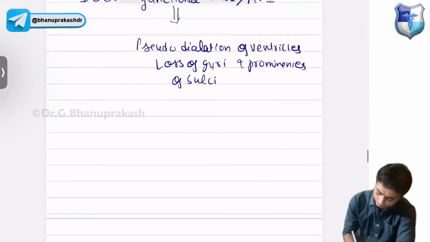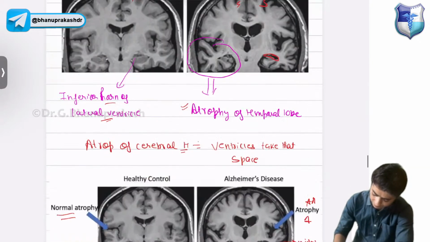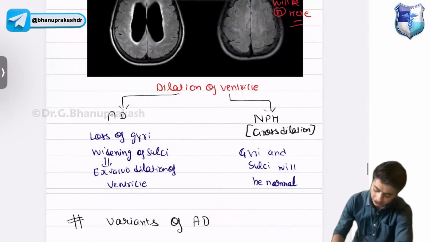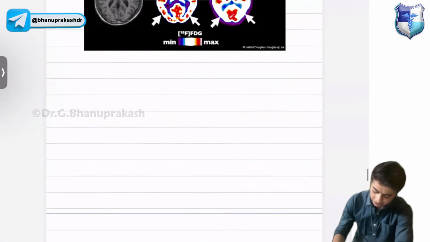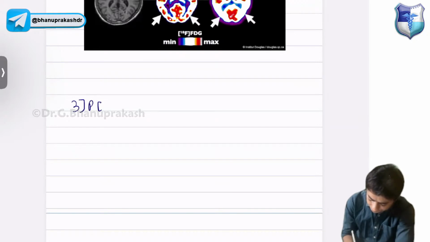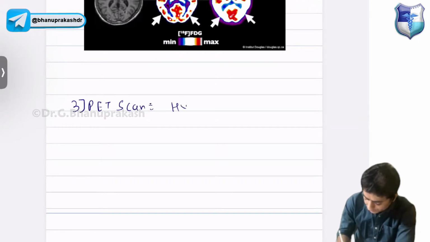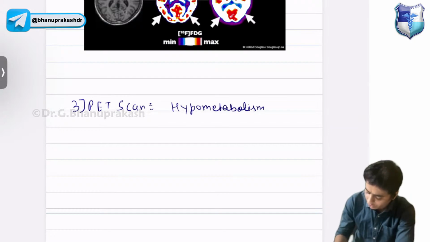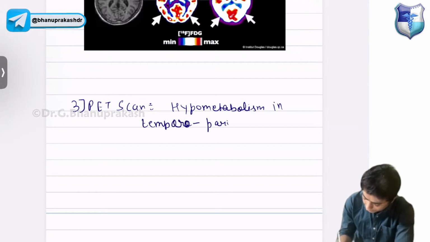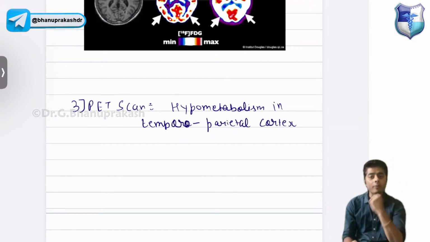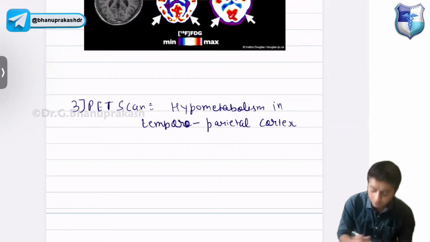Now we can also do a PET scan. See, these all are the findings of MRI, I have told you. The other thing you can do is the PET scan. In PET scan, you will find hypometabolism in the temporoparietal cortex.